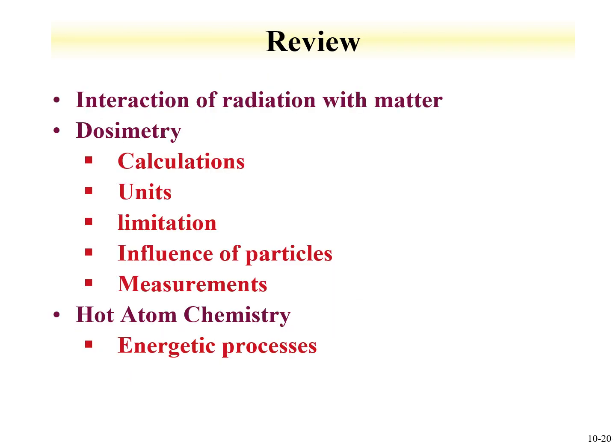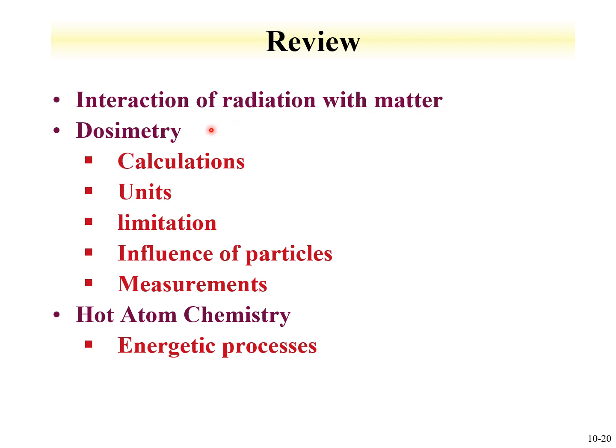So in this lecture, part one, we focused primarily on the interaction of radiation with matter. We discussed and explored the differences of neutrons, positive ions, negative ions, and photons, and their interactions with matter. We showed that there are differences, but we also talked about some similarities, primarily the formation of ion pairs and how those ion pairs lead to reactions with the material that those particles travel through.